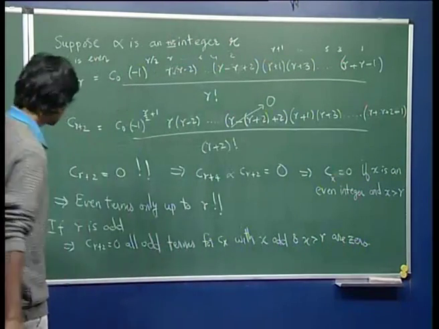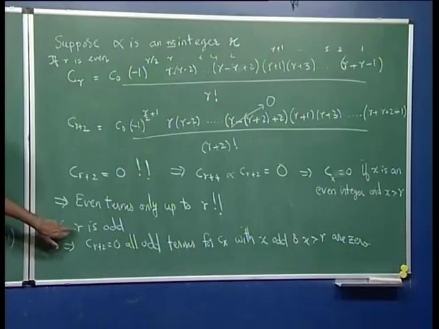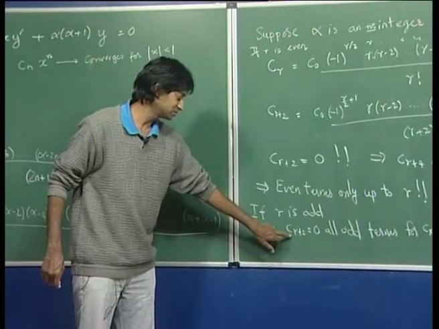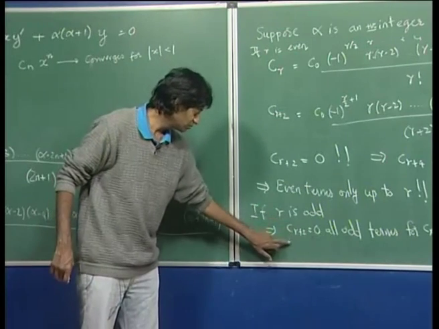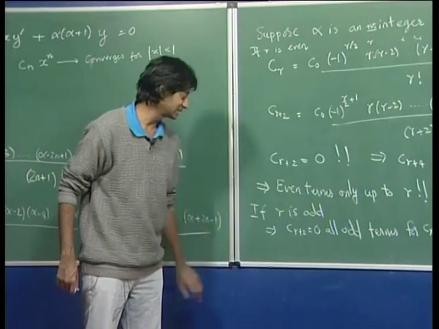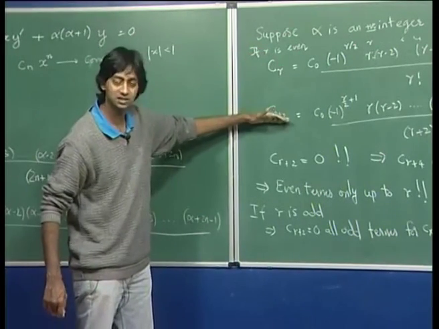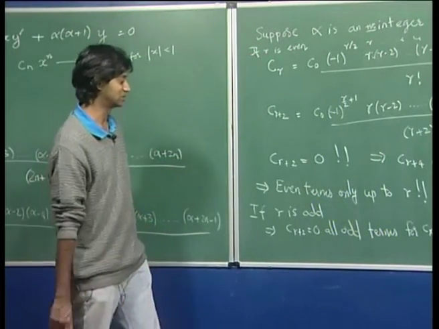So essentially, if r is an odd integer, then all the odd terms where the power of x is greater than r are 0, and if alpha is an even integer, then all the even terms with power greater than r are 0.